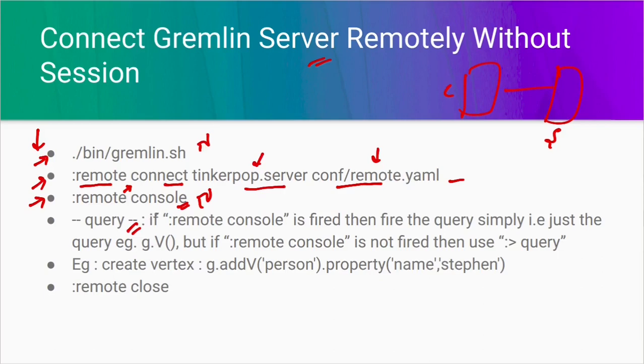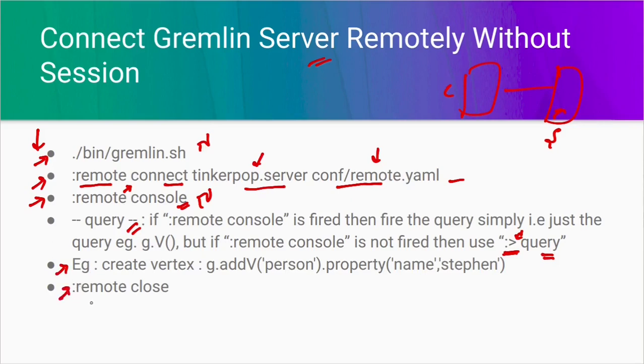But if we don't fire this, we need to use this prefix just before the query. This prefix tells us that the query we have given here is required to be sent to the server. This is a simple query just to create a vertex. And the last thing is just to remote close.